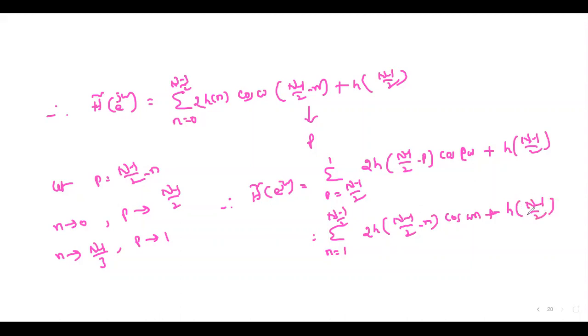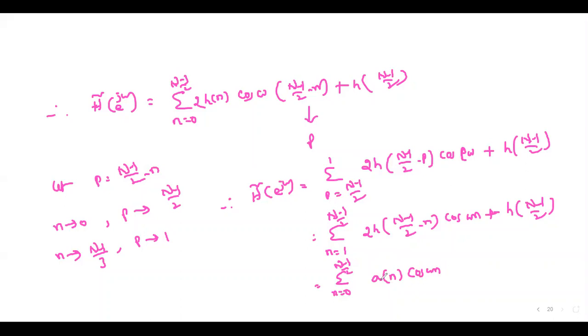Here, this is in the same shape: if you keep n equal to 0, this will come. Therefore, if you substitute n equal to 0, cos 0 will give 1. So instead of this I can write this total as summation n equal to 0 to (N minus 1)/2 of a of n and cos omega n.